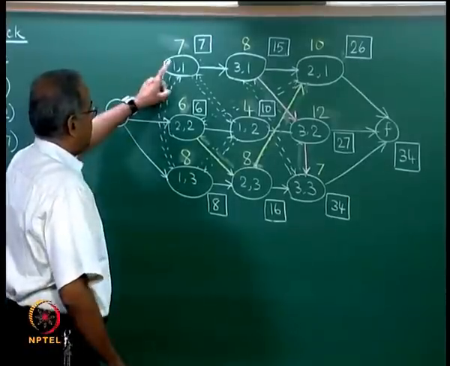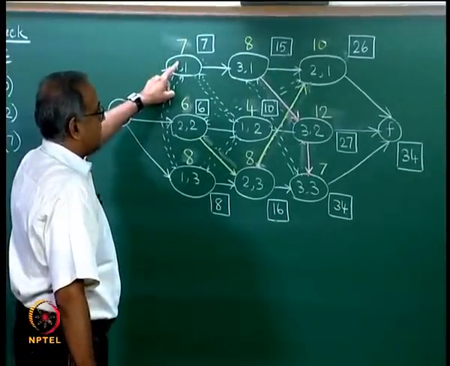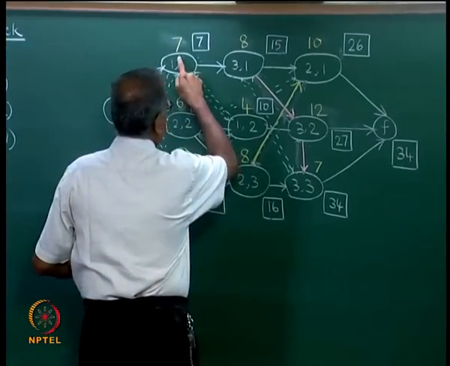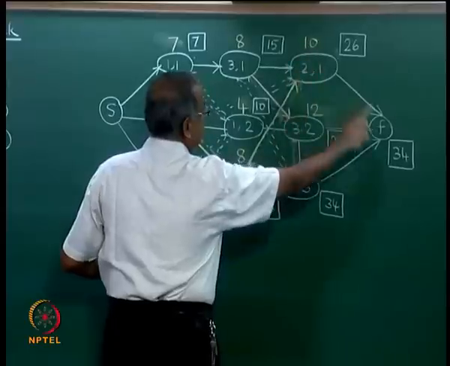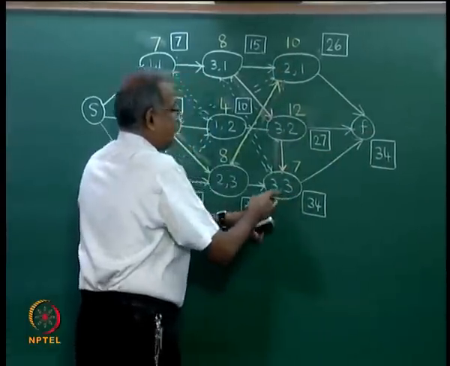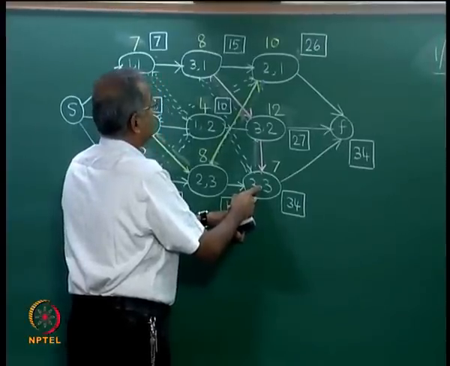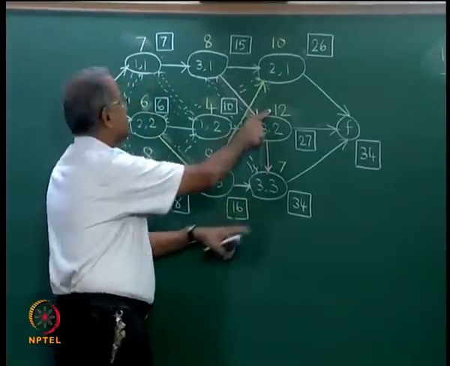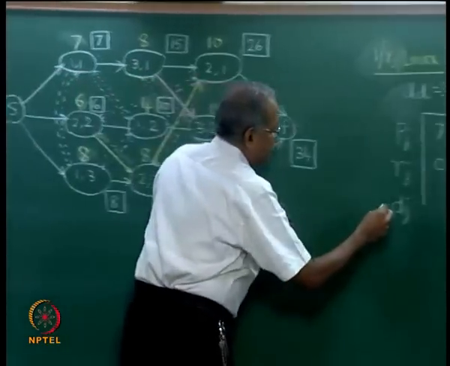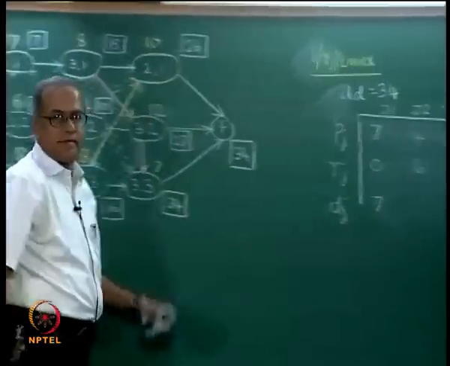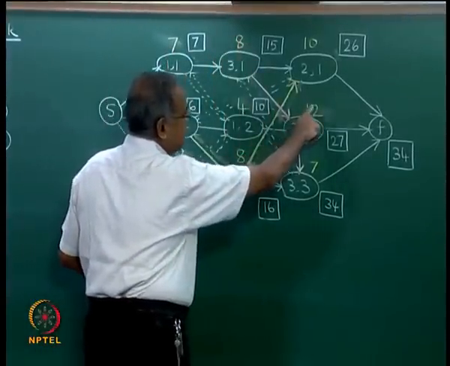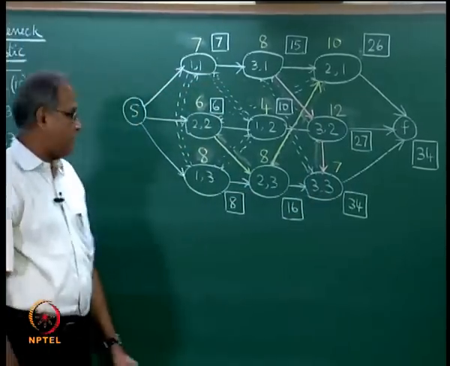Now when we look at this, the longest path that connects will be 7 plus 8, 15, plus 12, 27, plus 7, 34. So 34 minus 7 is 27, 27 minus 12 is 15, 15 minus 8 is 7, so due date for this will have to be 7. Because the longest path is 7 plus 8, 15, plus 12, 27, plus 7, 34.